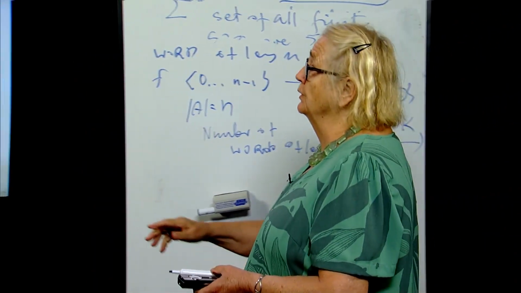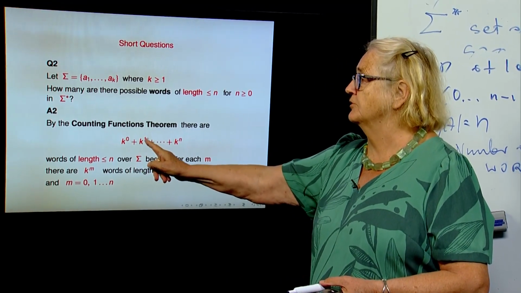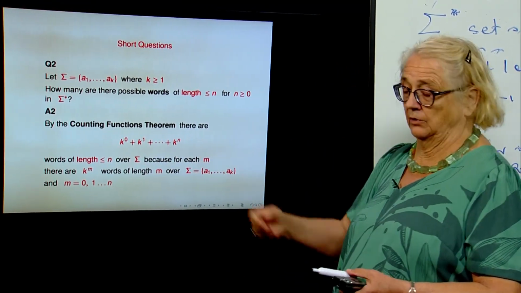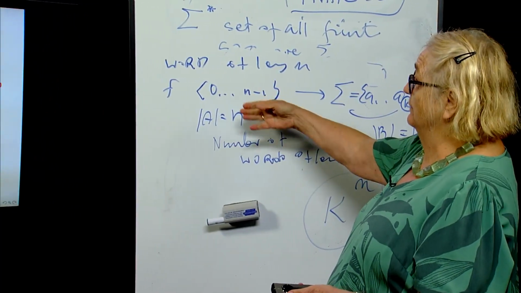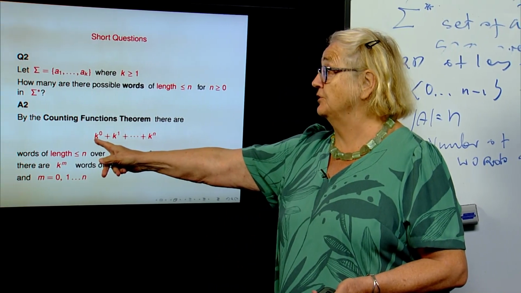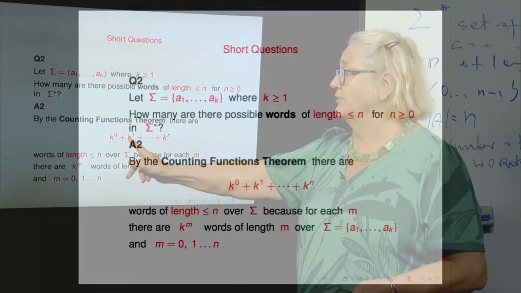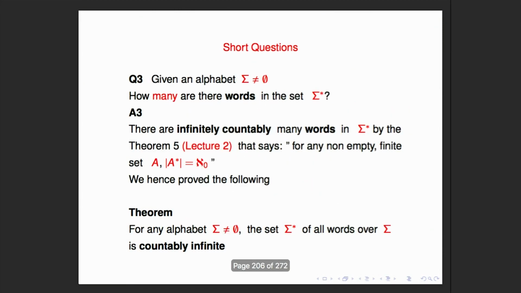So if you want length less than or equal to n, you have length 0, length 1, ..., length n, and you sum all of them. That gives you the formula for how many words there are.